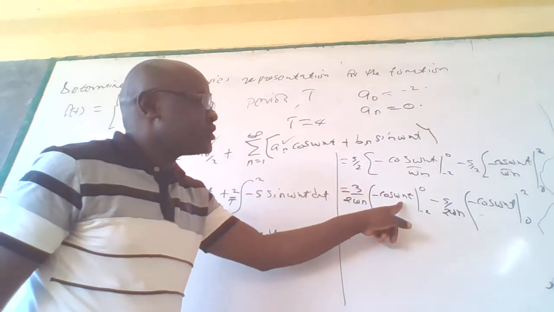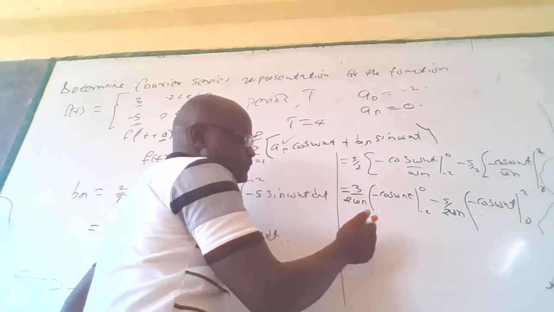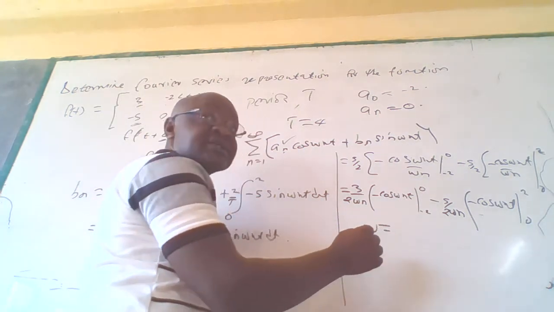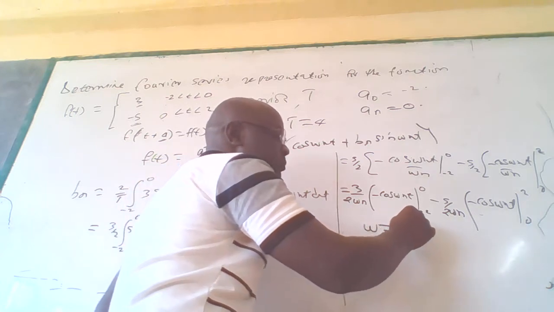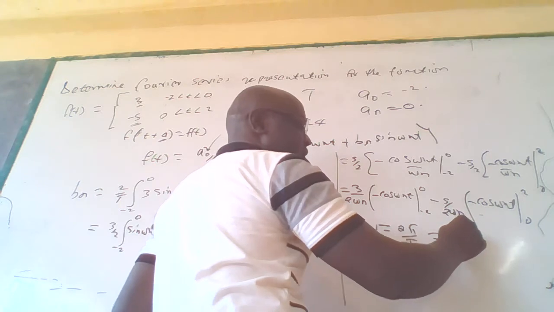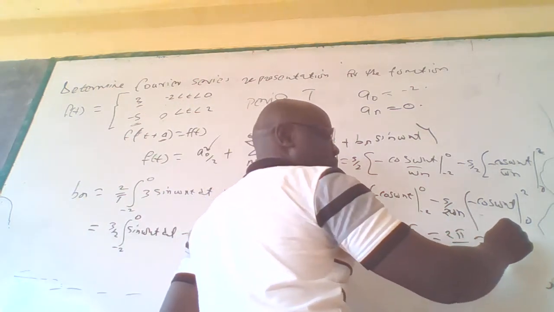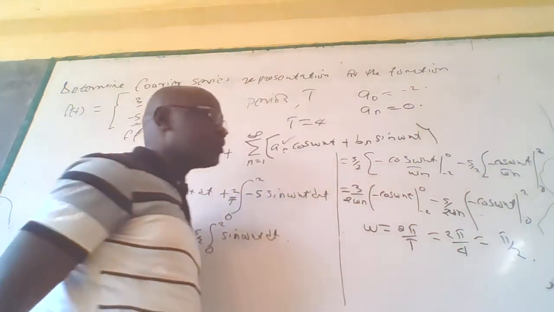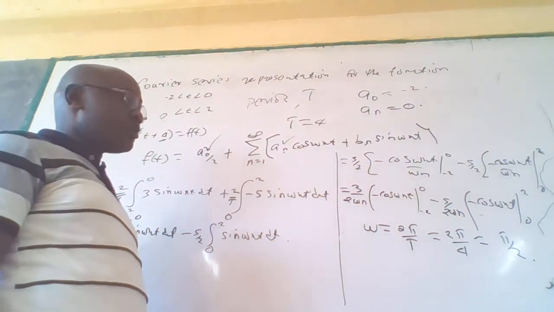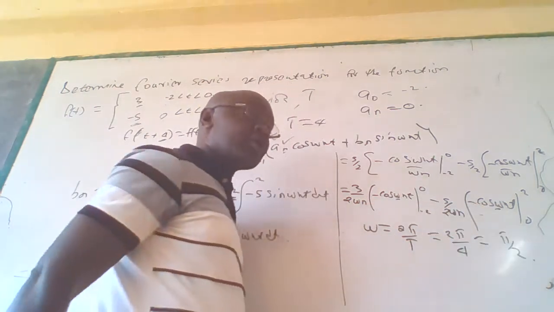So at this point, we now substitute omega. We know that omega is given by 2 pi over T, which equals 2 pi over 4, which equals pi over 2. So the value of omega is pi over 2. So we substitute this omega with pi over 2.